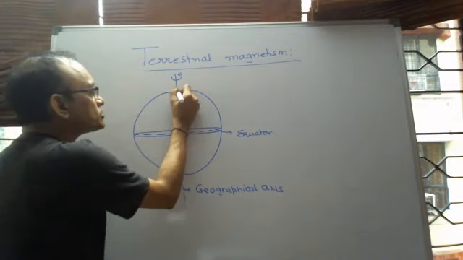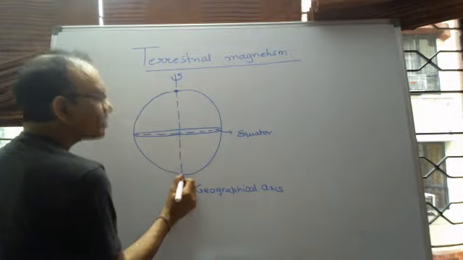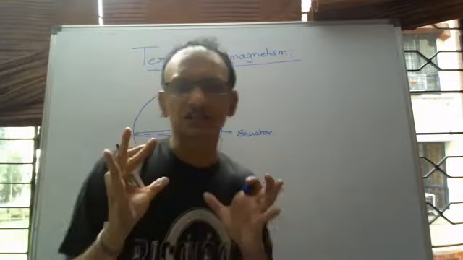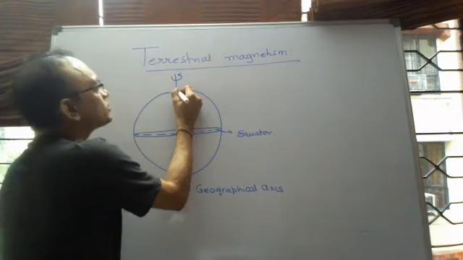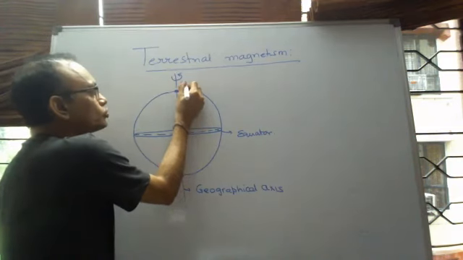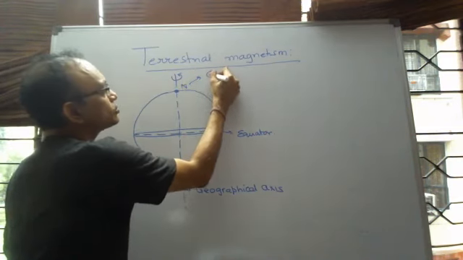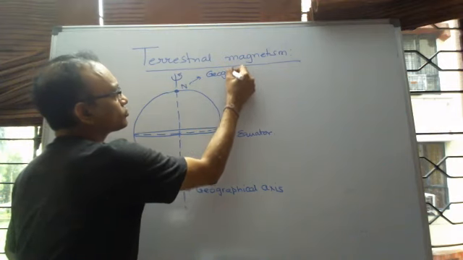And at this position, we have what is called the Arctic Circle. And this is called the North Pole. Geographical north. It's called geographical north or true north.